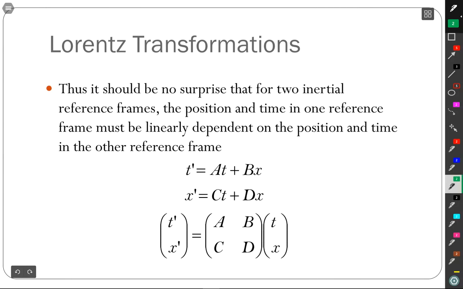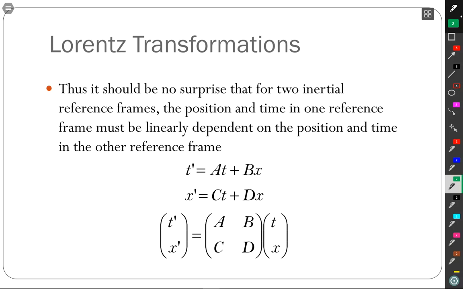So we start with, because we've learned that there's a linear relationship between the proper time and the dilated time, and likewise a linear relationship between the proper length and the contracted length, then it stands to reason that the primed reference frame is equal to some linear combination of the position in the unprimed frame and the time in the unprimed frame, and likewise for position.